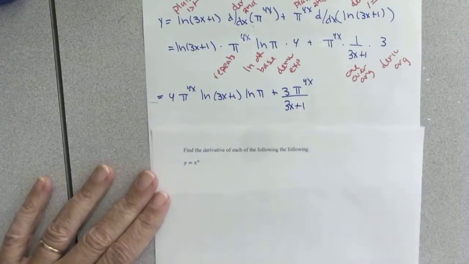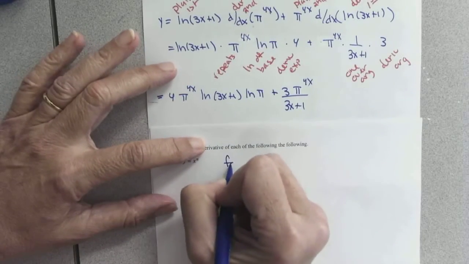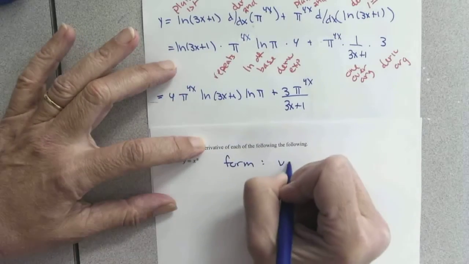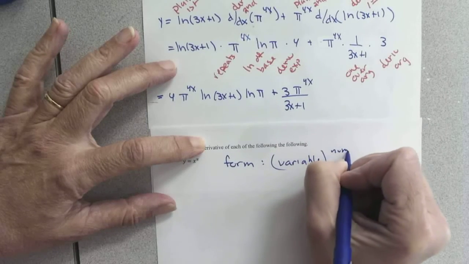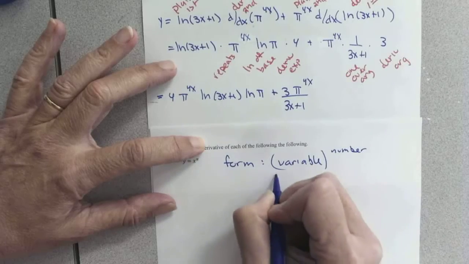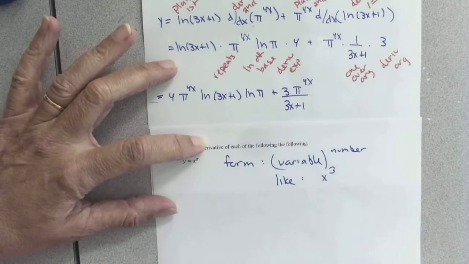Let's look at the next guy. And my form here is variable to a number. Like, say, x cubed.